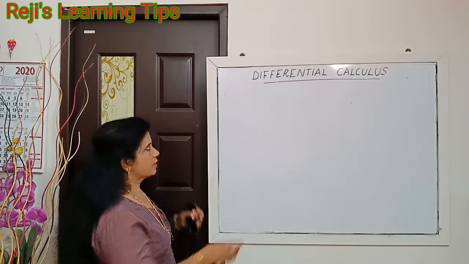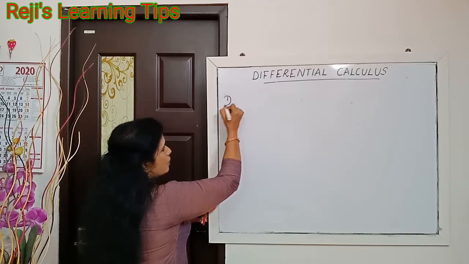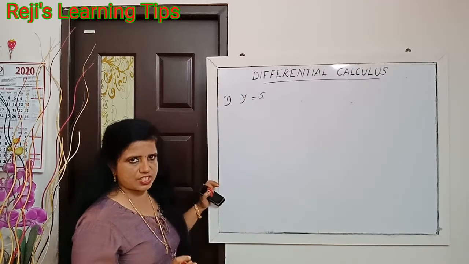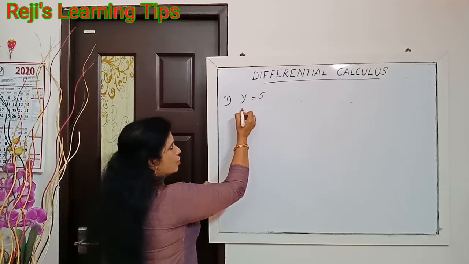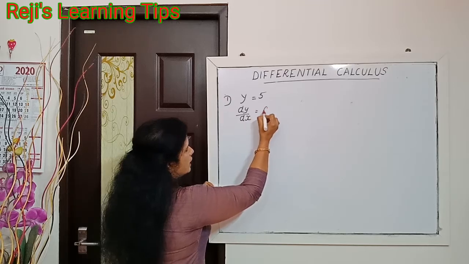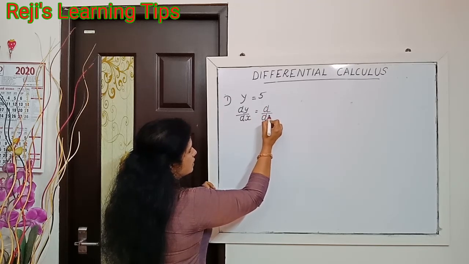Okay, first, y is equal to 5. We know that 5 is a constant. So dy by dx is equal to d by dx of 5.